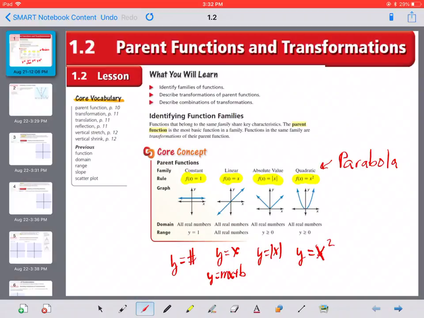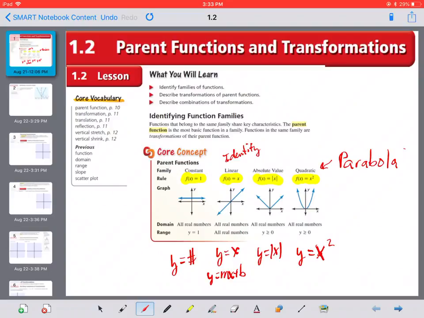Now, a constant function is like a linear function because it looks like a flat line, but it doesn't have any slope. A linear function has some slope to it. It's going to be at an angle. Sometimes it is known as the identity function because y equals x. They have the same identity. They are equal to each other. If you go to x 1, you go up to y 1, x 2, y 2, and so on.